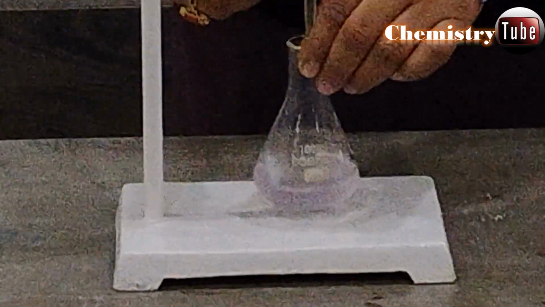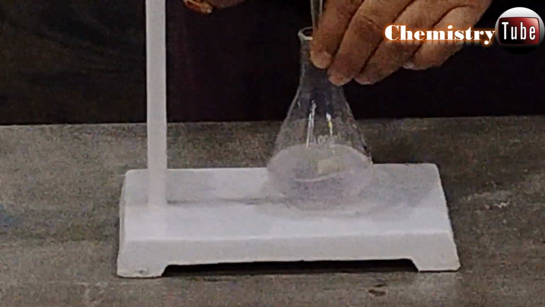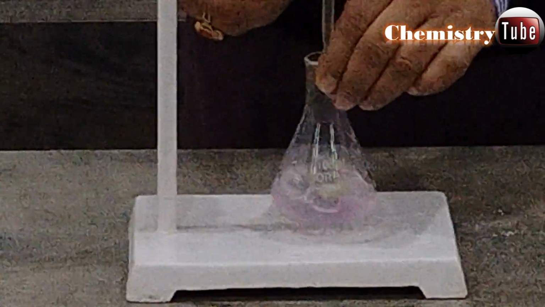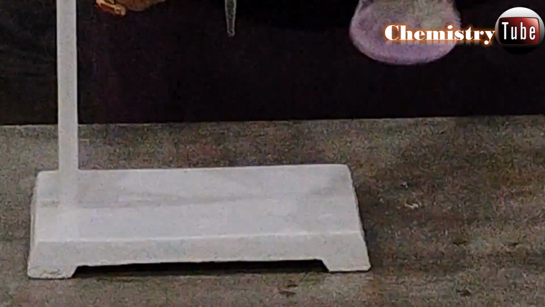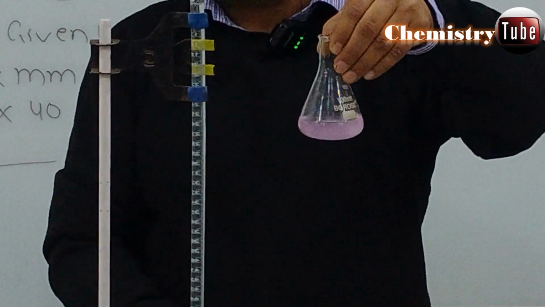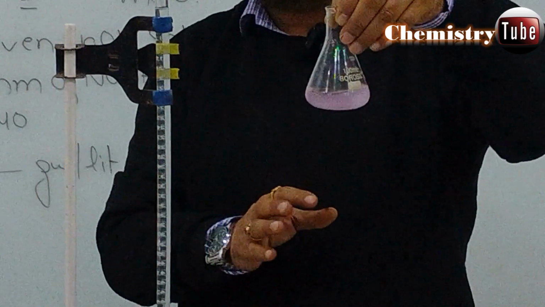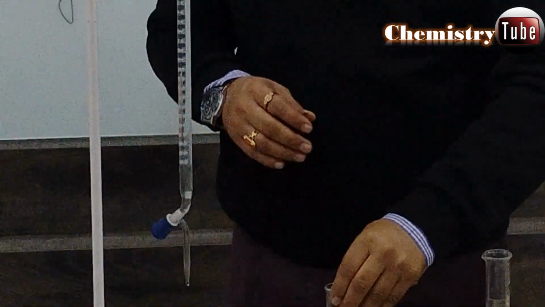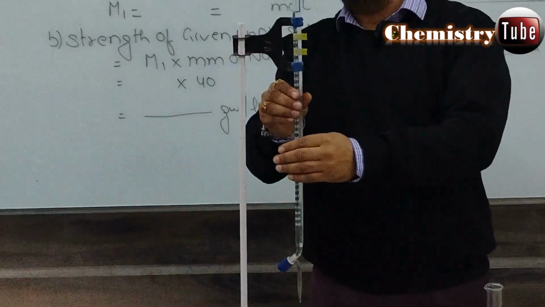Now pink color is appearing. Now you can see that we have got a very light pink color. So we have reached our end point, and now we can record our first reading.